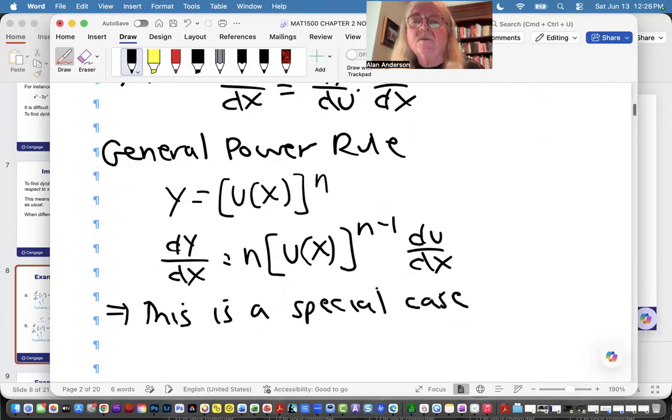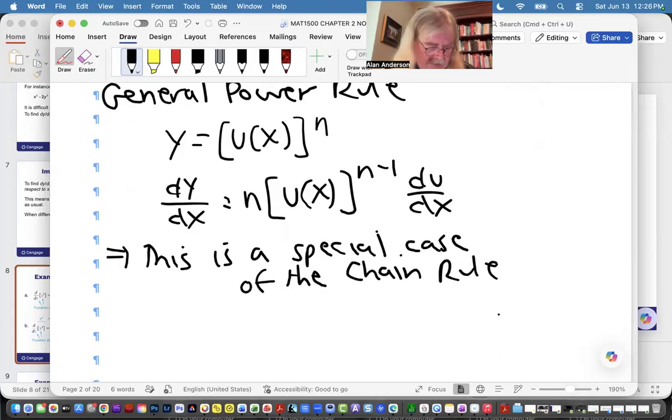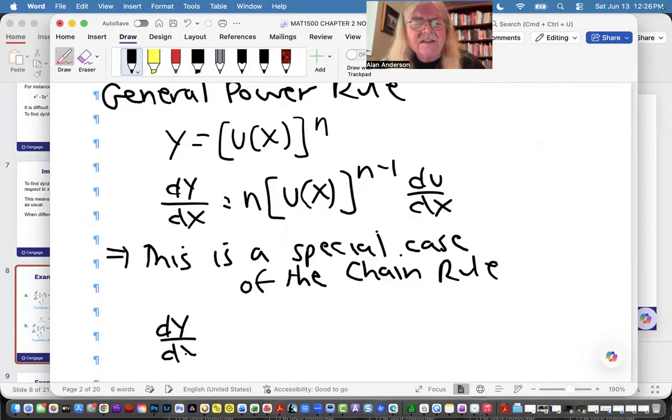So the chain rule is the more general result. This is a specific case. It's specifically designed for simple cases like this, u of x to the n, but it's taken from the chain rule. Now, this one also has an equivalent alternative way of writing it. The book shows that you also could have a case like this. They like to use this notation for some reason.